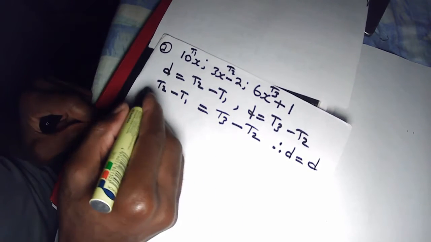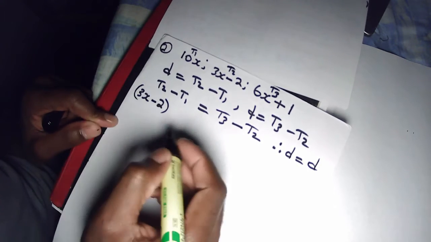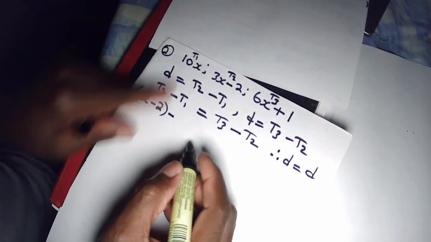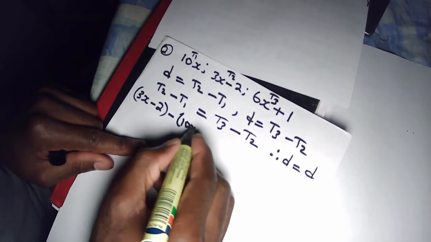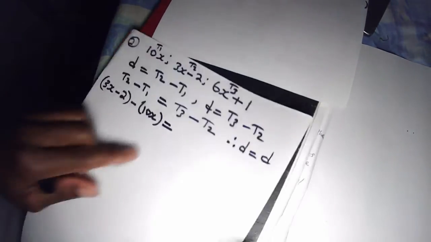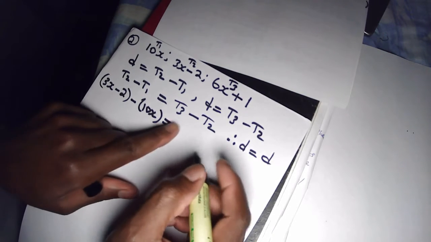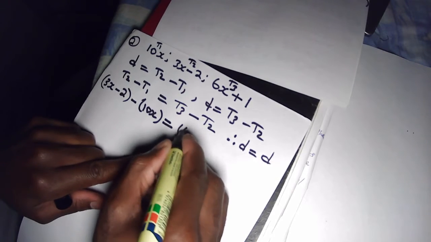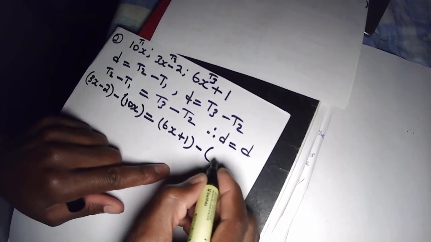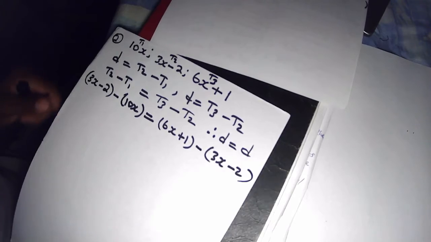All right, let's now sub into the formula. 3x minus 2, that is T2, into the parentheses to minimize mistakes, minus T1, T1 is 10x, is equal to T3, 6x plus 1 subtracting T2, that is 3x minus 2.